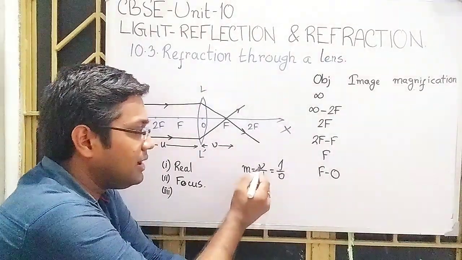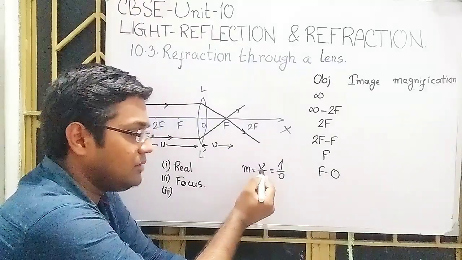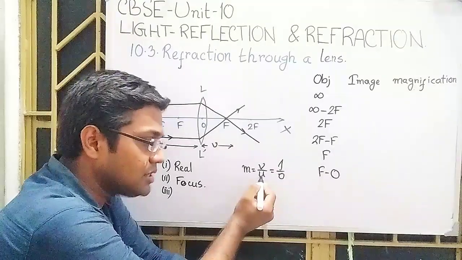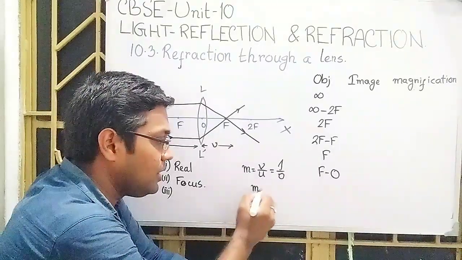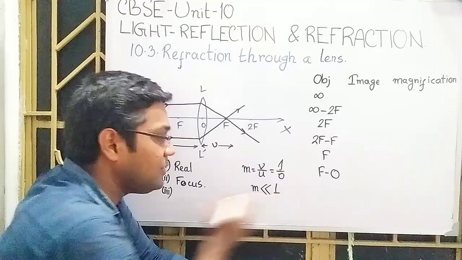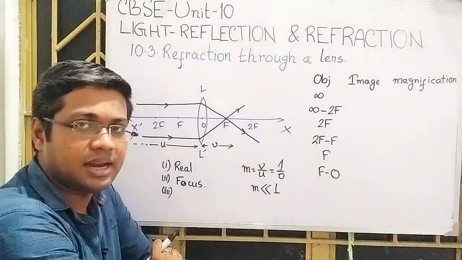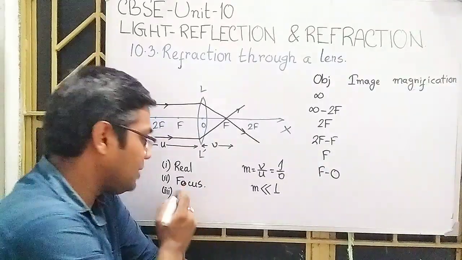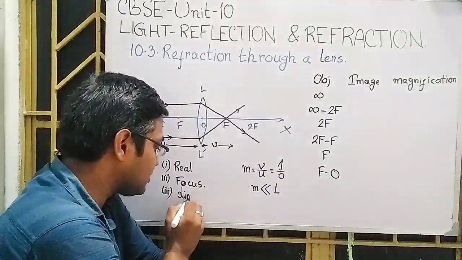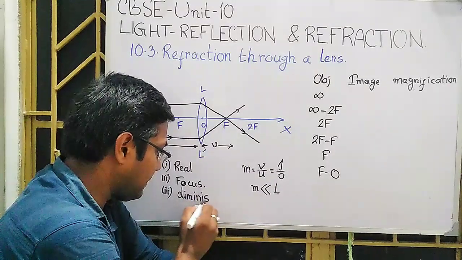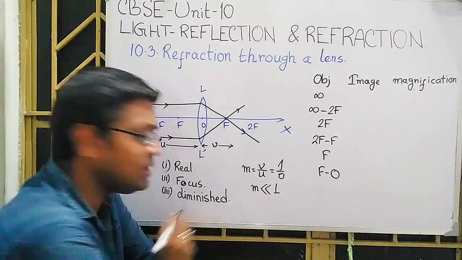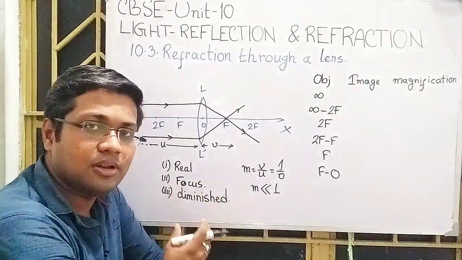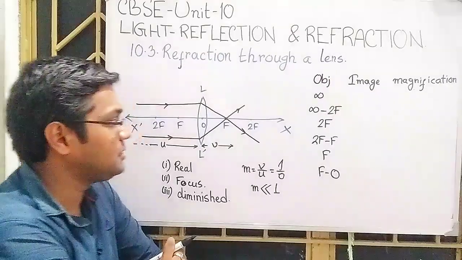So if I divide a finite value by an infinite or a large value, the value of small m is very much less than 1. That is, the magnification is very less than 1, and we denote it by the word diminished. That is, the image is very small compared to the object.